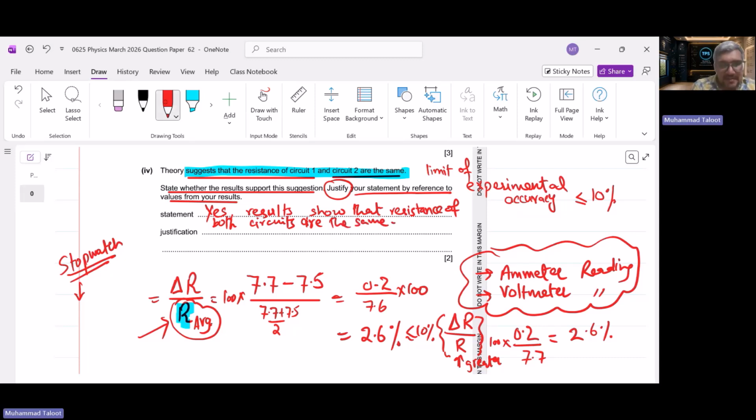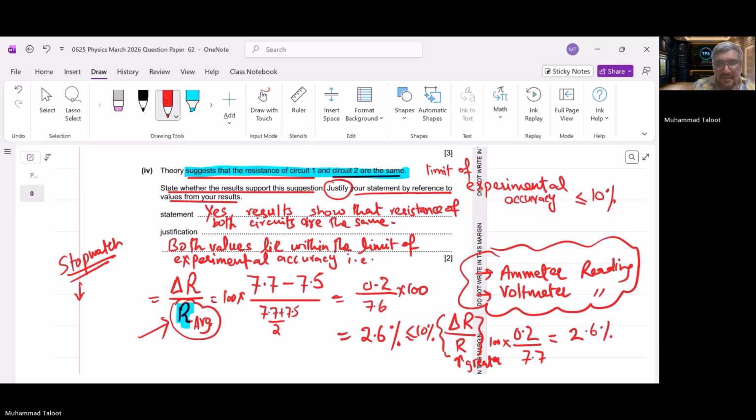Reason is both values lie within the limit of experimental accuracy. Already I told you what is the limit of experimental accuracy. That is within 10%. So anyhow, this was a very good question.